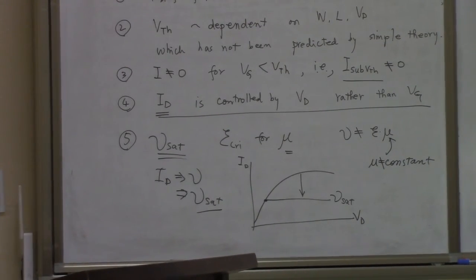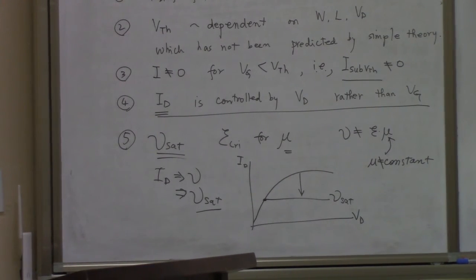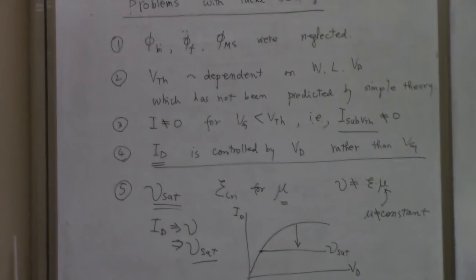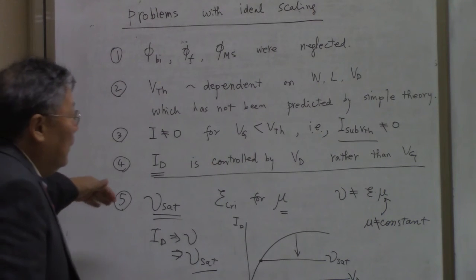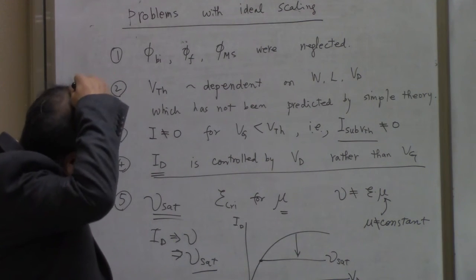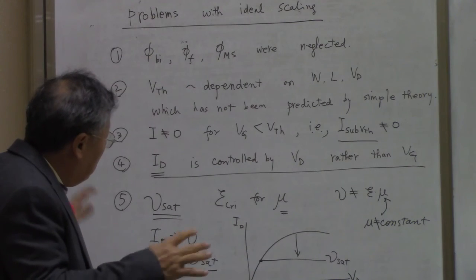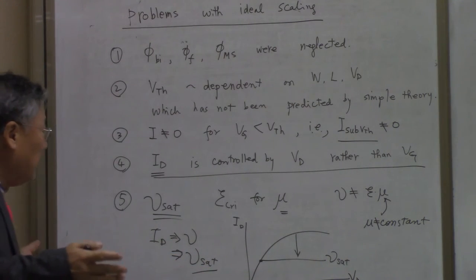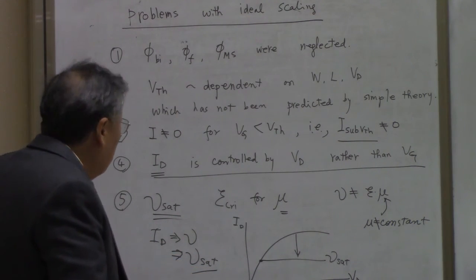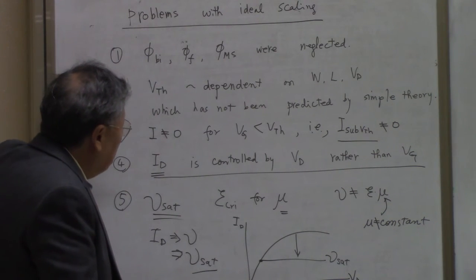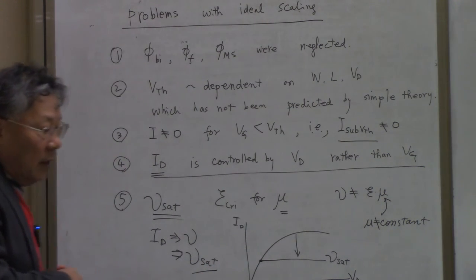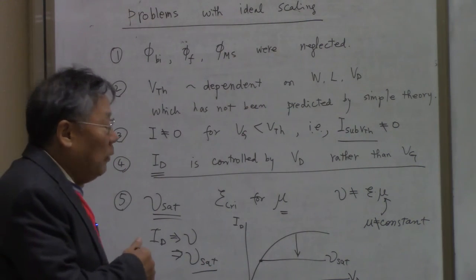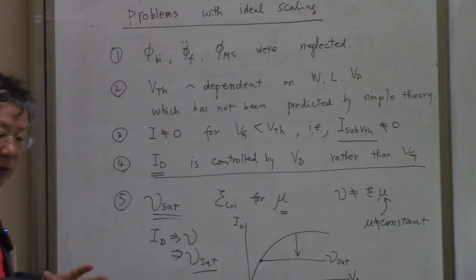So when you scale down the device, physically we have a limit to scale down the device, but besides the physical limitations, we have some deviations, I should say, deviations from the simple theory when you get the device smaller and smaller, right?